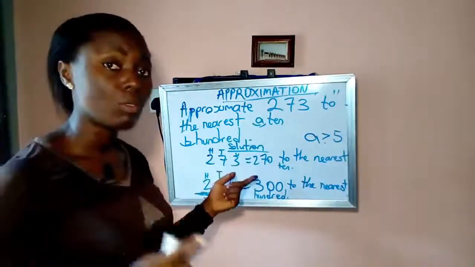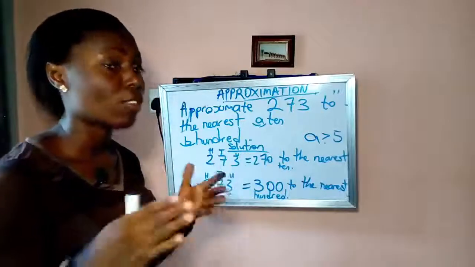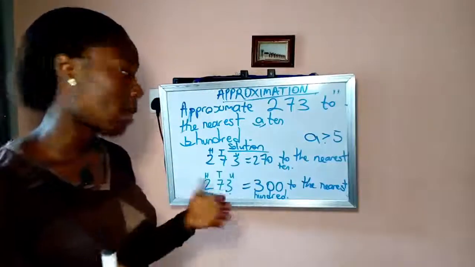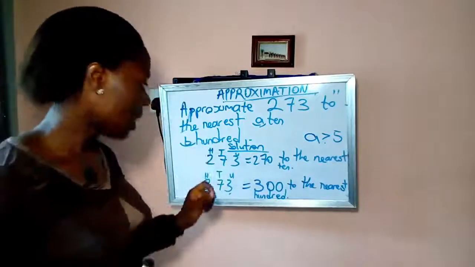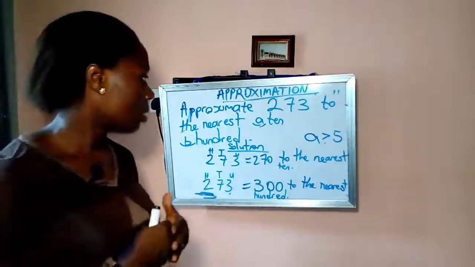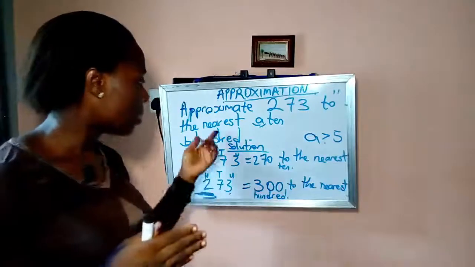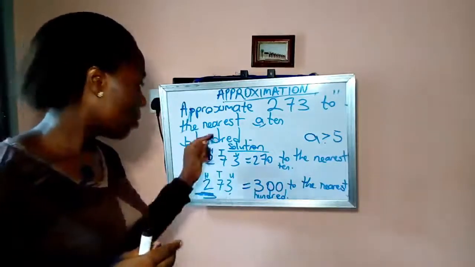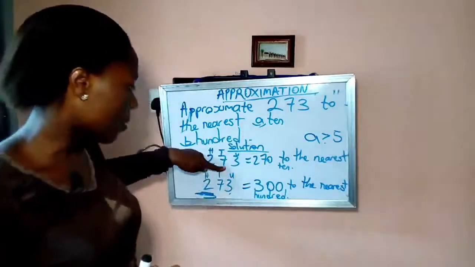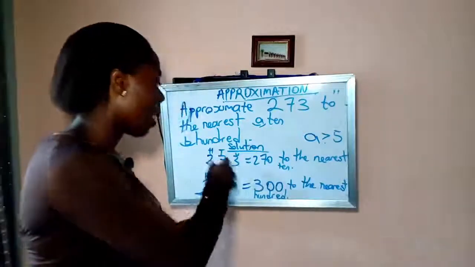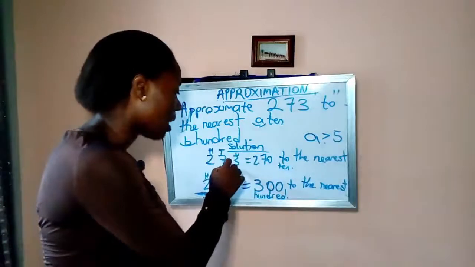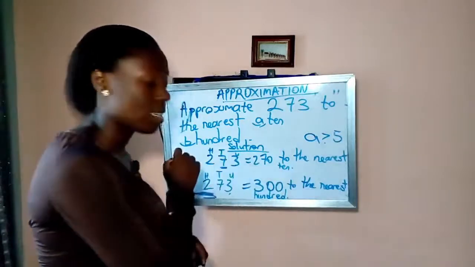The first thing we do is check the place value of each digit in that number. We get our units, our tens, and our hundreds. Now, what number is in the required position? The tens position is 7. This is our focus. We check the number directly behind it. This number here is 3.